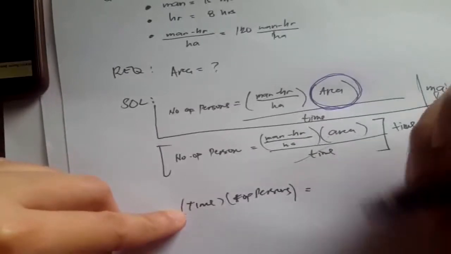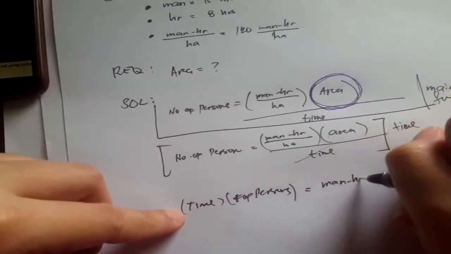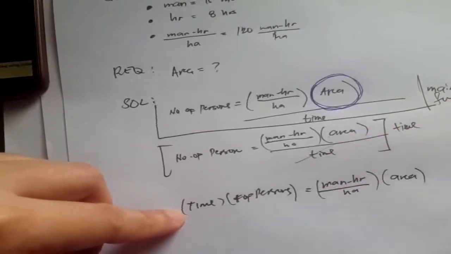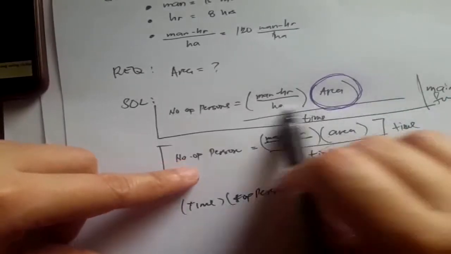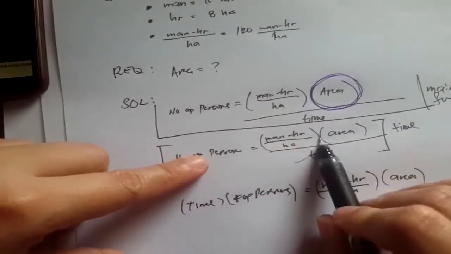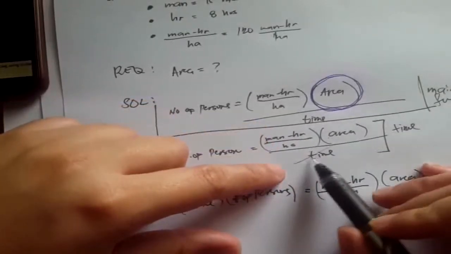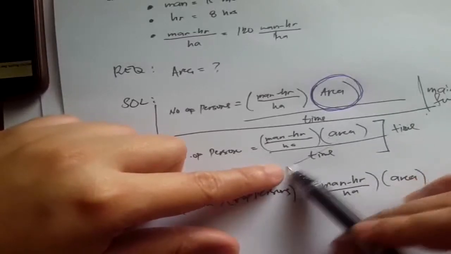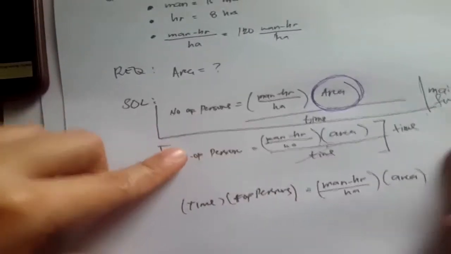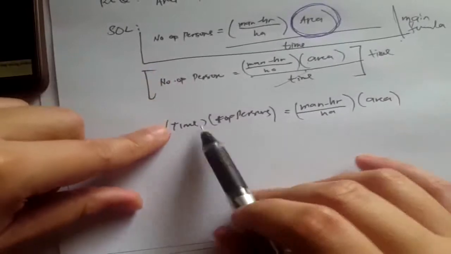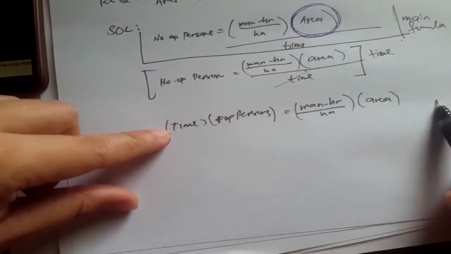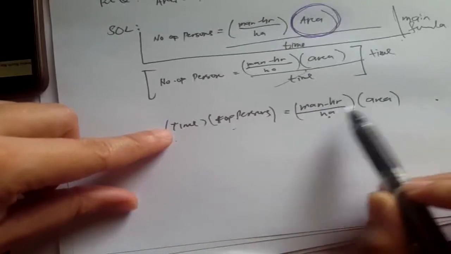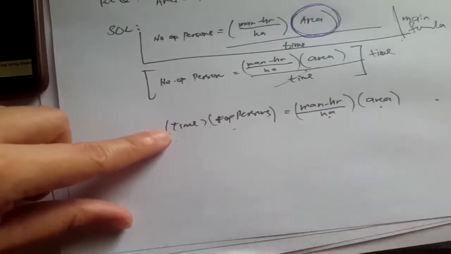We can now cancel out the time, since one is at the numerator and the other is at the denominator. What we have left is time times number of persons is equal to man-hour per hectare times area.